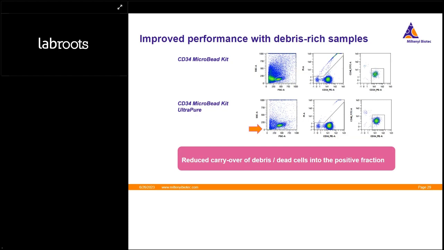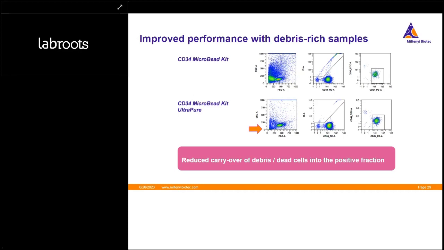which could be referred to as the left debris, the dirty chunk that was not gated out by the first gate, you can see that compared to ultra pure beads, a standard bead doesn't have as powerful an efficiency to get rid of those debris. So the advantage of the ultra pure sample is that it will very efficiently reduce the carryover of debris and dead cells from the positive fraction.